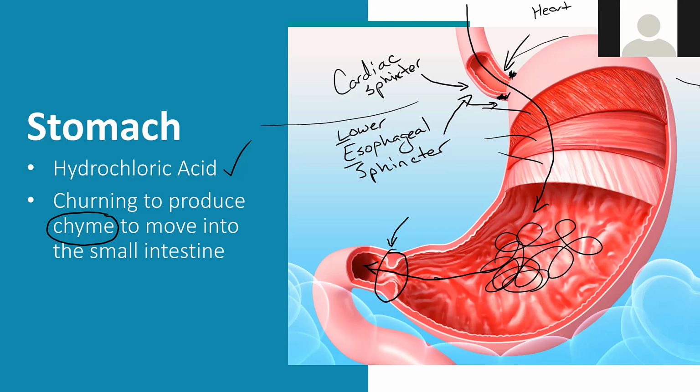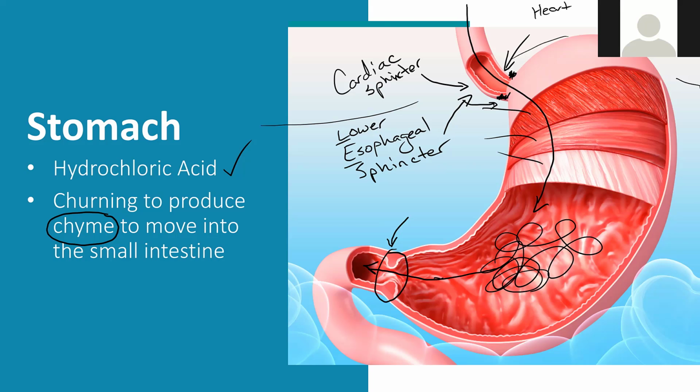Remember, everything about the GI system wants to keep everything moving in the forward direction. It doesn't want stuff to move back. Can it? Yes. Obviously, we vomit or we have bowel obstructions. But everything is designed to try to keep everything moving forward. So we have that cardiac lower esophageal sphincter trying to keep it from moving from the stomach back up into the esophagus.